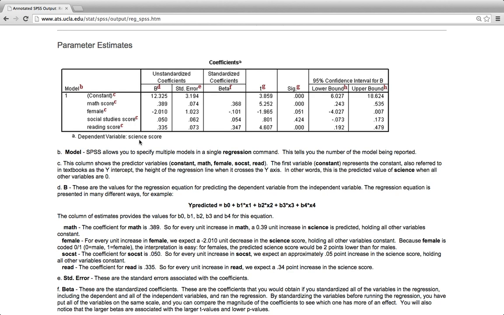Now, this is fine and dandy if these things are all measured on the same scale. That makes them comparable. But when we're trying to figure out which one of these has the most impact on predicting the dependent variable, which is science score, it's often advantageous to take the units out and look at the standardized measure.